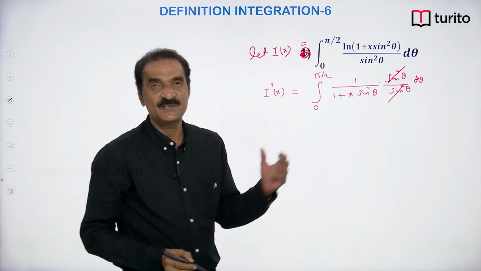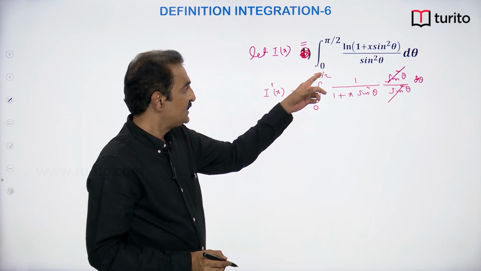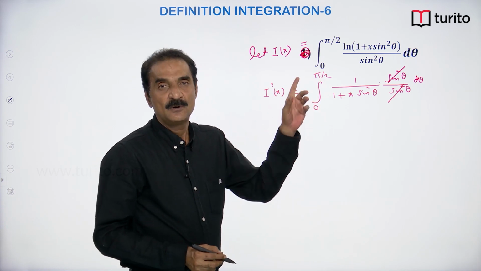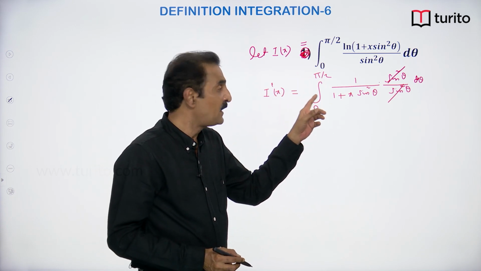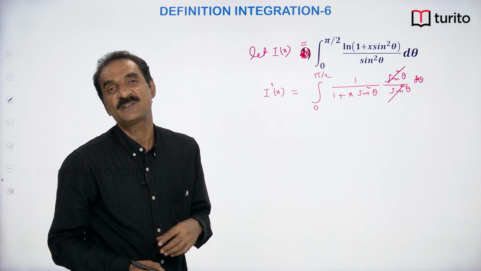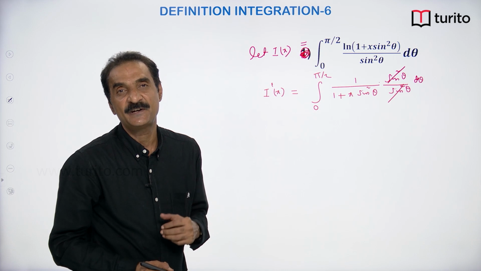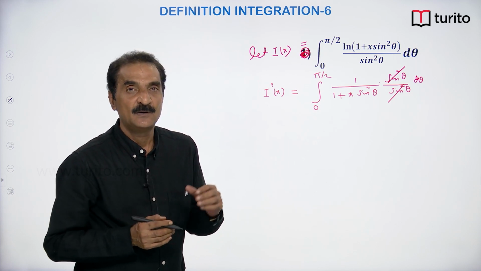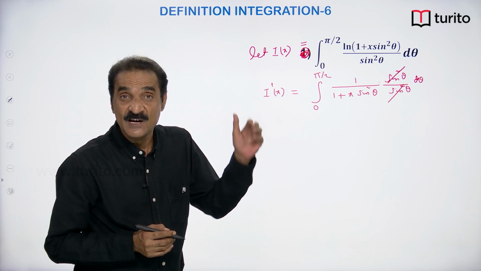Now how to find this integral? It is in the standard form, integral of 1 by (a square plus b square sin square theta). How to integrate it? We have a standard method: we have to multiply and divide by secant square theta.